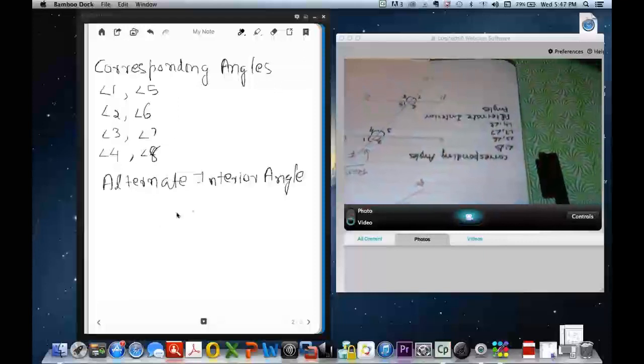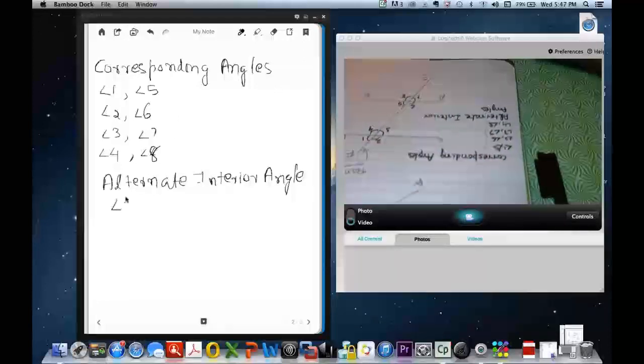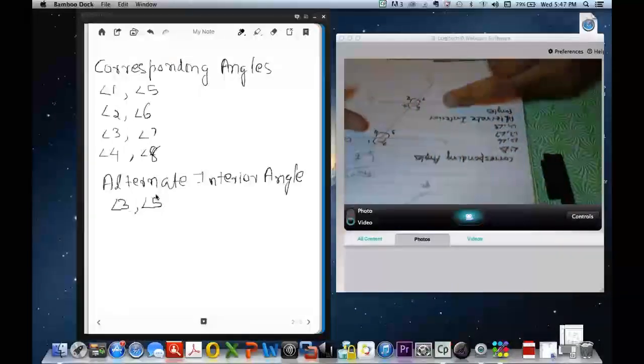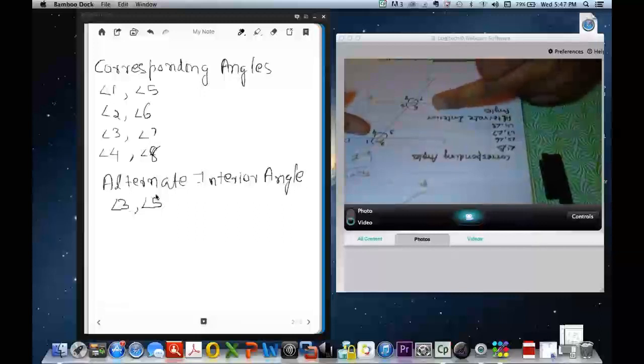Angle 3 and angle 5 are alternate interior angles. Angle 4 and angle 6 are also alternate interior angles.